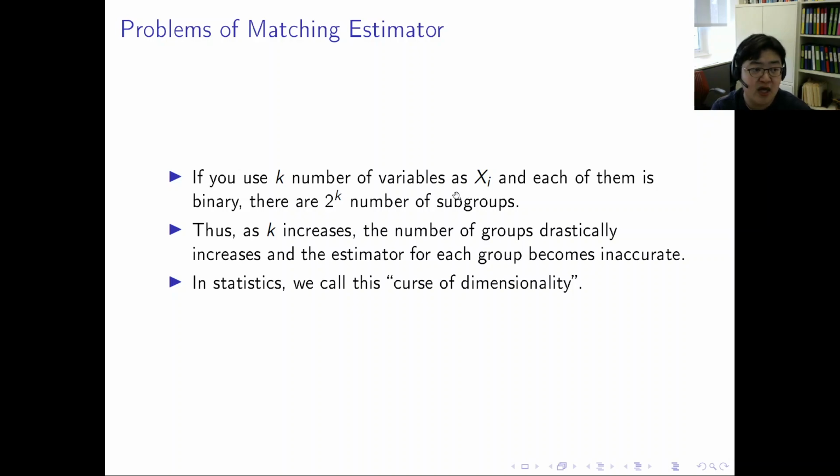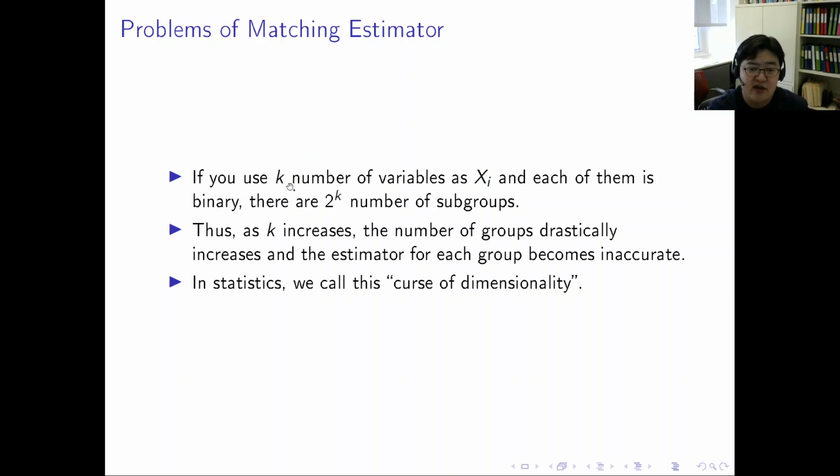then computation is a problem. Like here, I explained it this way. If the control variable X has k number of variables, like say 10 variables, which is not a lot in practice. In many analyses, you use maybe more than 10 or 20 variables as control.